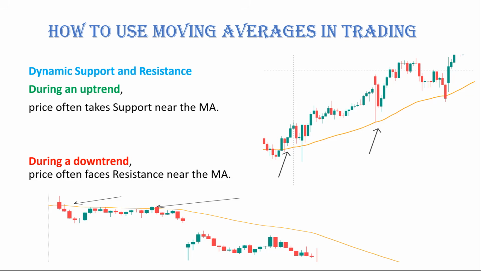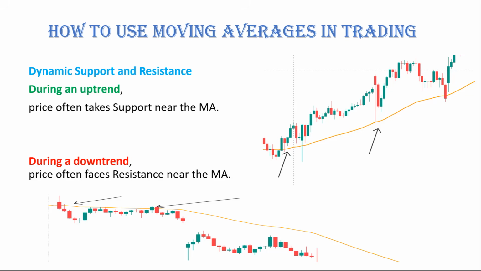If the trend is super bearish and it is a downtrend, then the price will bounce back to the moving average, and once the price faces resistance at that level, we can see a reversal from there. So we can use this moving average in our trading to know what the resistance and the support are.